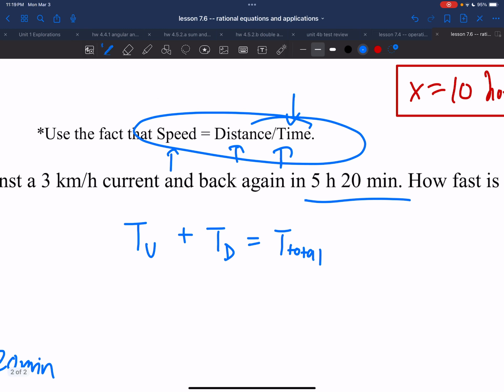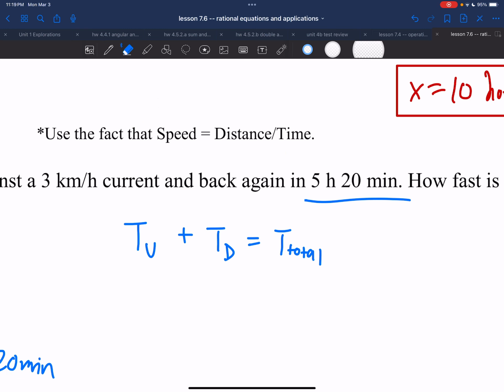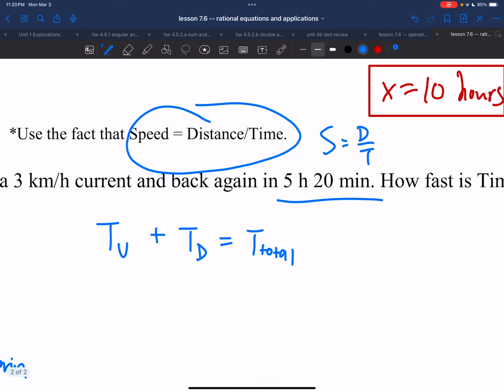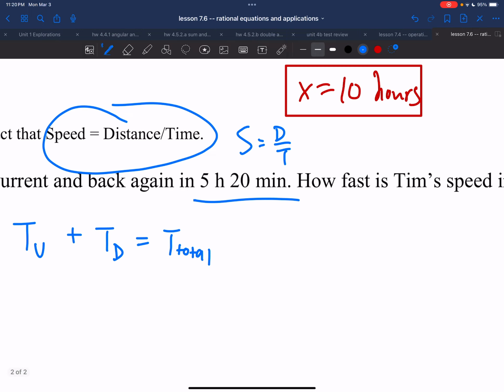Well, speed is distance over time, s is d over t. You can rearrange this equation and solve for t, getting t equals distance over speed, by multiplying both sides by t and then dividing both sides by s. So time is expressed as the distance traveled divided by how fast you were traveling.